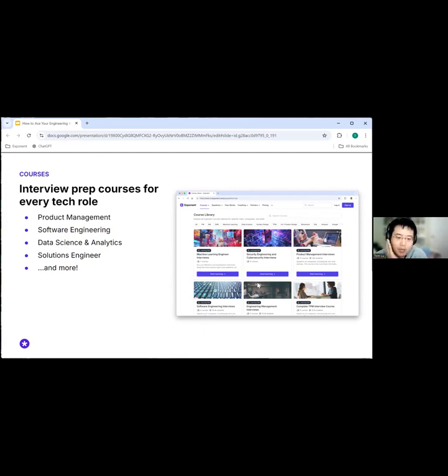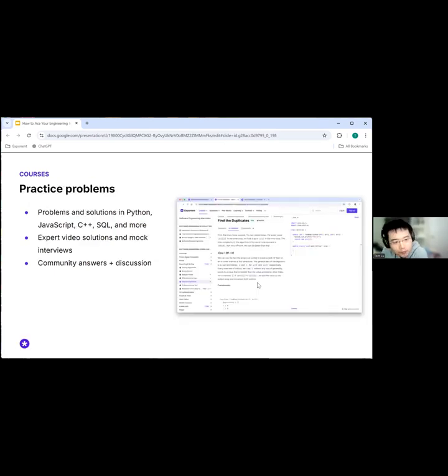For example, we have machine learning engineer interviews, security engineering and cybersecurity interviews, and so on and so forth. And practice problems, Exponent also has this online coding platform where you can practice Python, JavaScript, C++, SQL, and more, right? So it has expert video solutions and mock interviews.